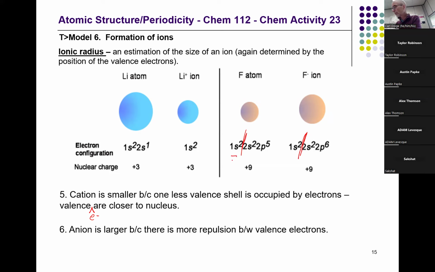So we could talk about an effective nuclear charge of, let's say, +7 in both cases. Both the 5 electrons in the p orbital in the fluorine atom, and the 6 electrons in the p orbitals of the anion, I think effectively they're both going to see a +7.